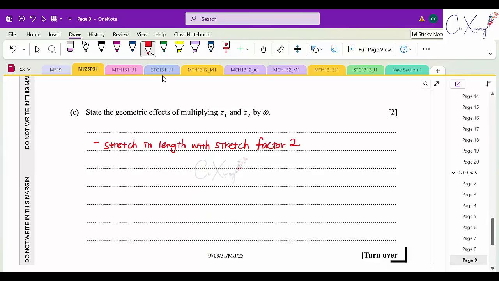Then the other one is the rotation, right? The angle, the argument. So we will say that it is a rotation of pi over 2 radians anti-clockwise.